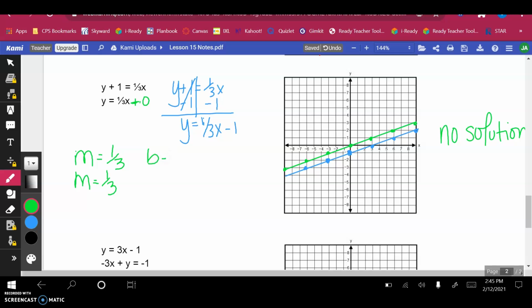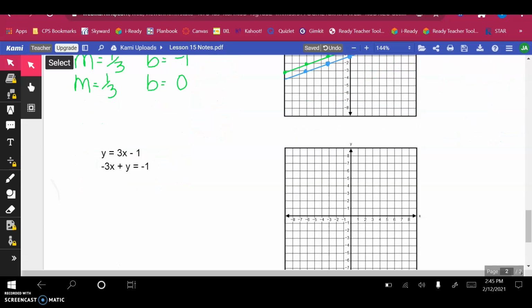The b value in the top equation was -1, and the b value in the bottom equation was 0. So whenever we have the same slope, you can tell that they're going to be parallel because they're never going to cross. And they will never have a solution. So when you're looking at your two equations, if you notice that, then you know automatically it's no solution.